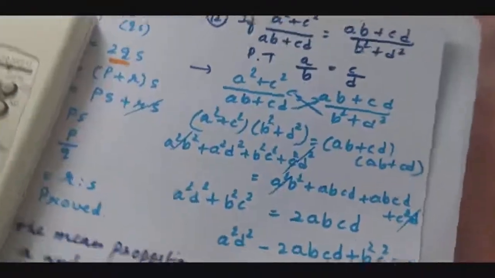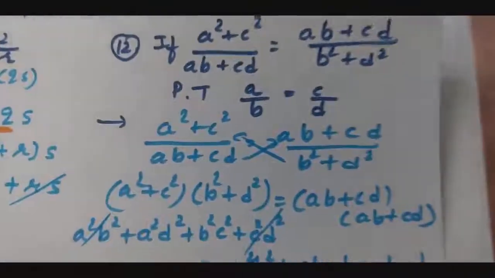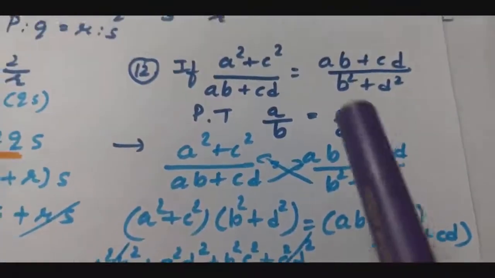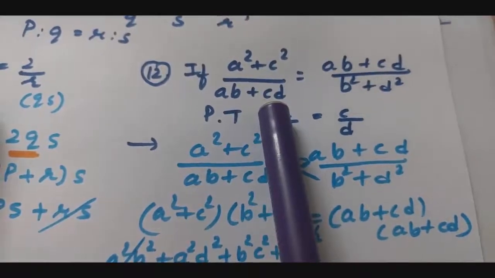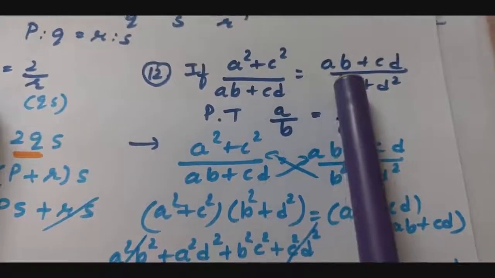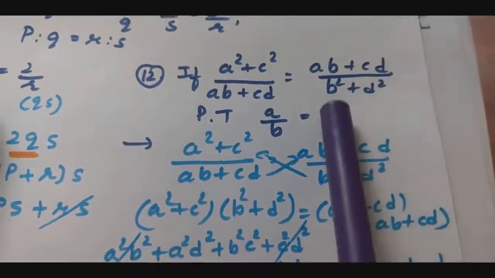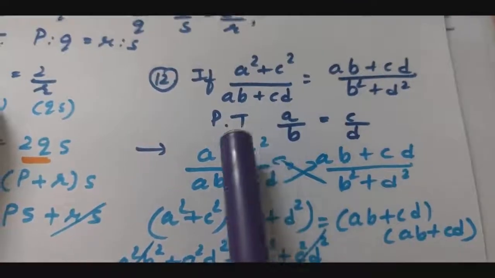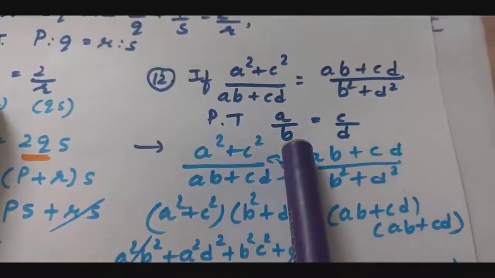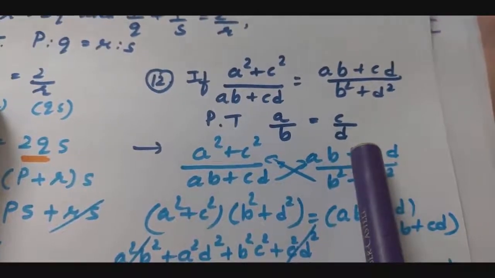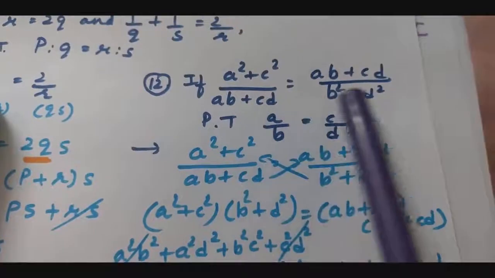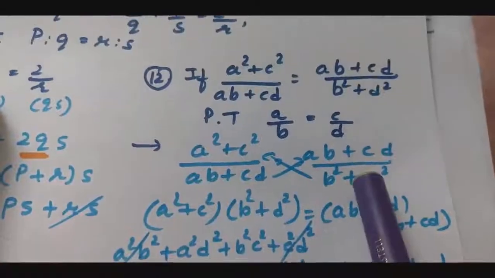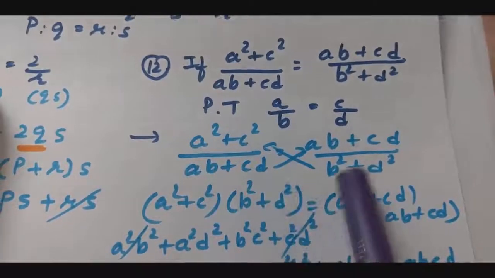Now we go to next question, that is if A square plus C square upon AB plus CD is equal to AB plus CD upon B square plus D square, then prove that A ratio B is equal to C ratio D. So first of all, whatever in if part we will start from that and write it down.